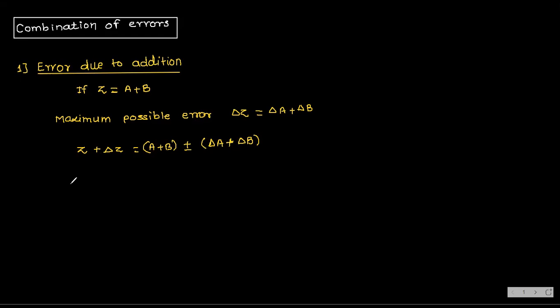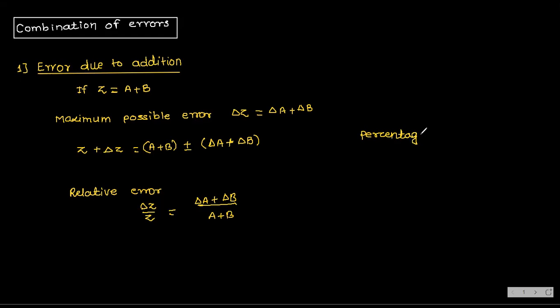In this case, if you want relative error, that is delta z by z is equal to delta a plus delta b divided by a plus b. This is your relative error. And if you want percentage error, then what is the formula?